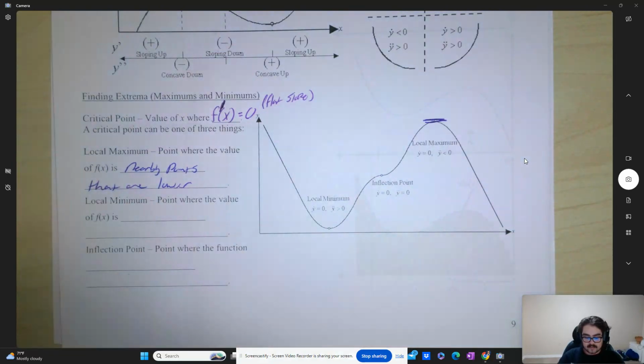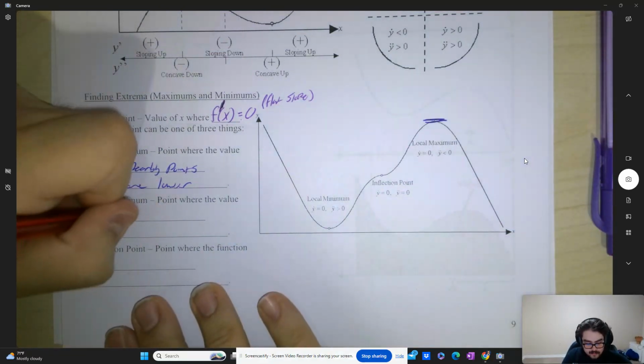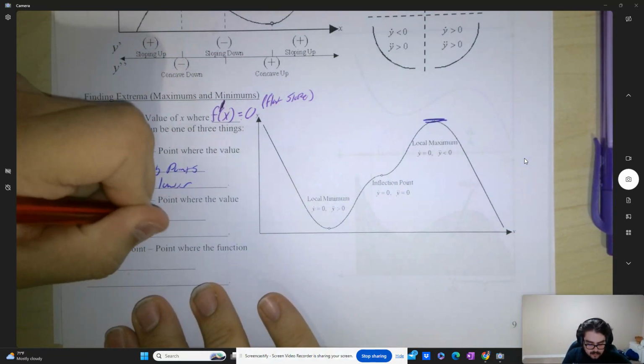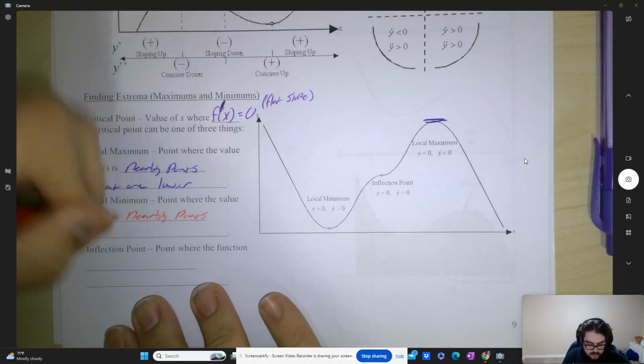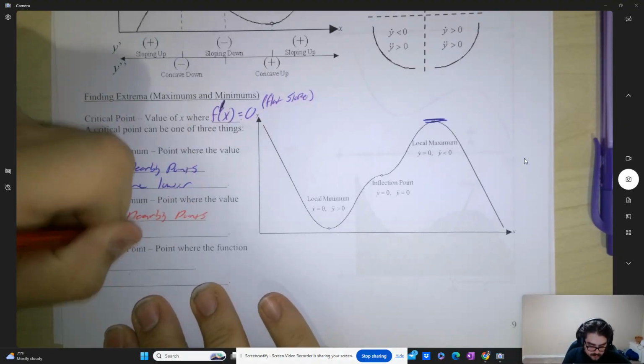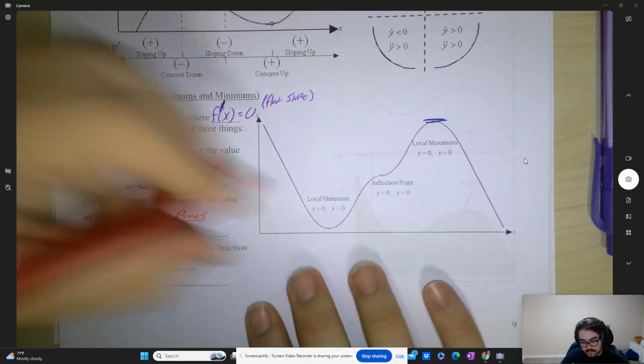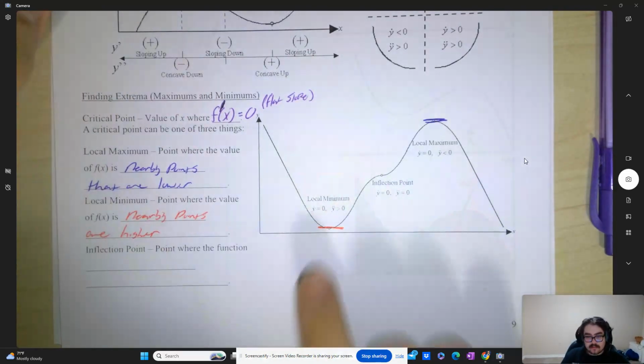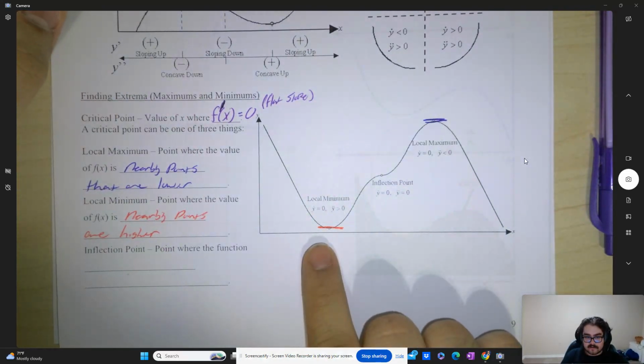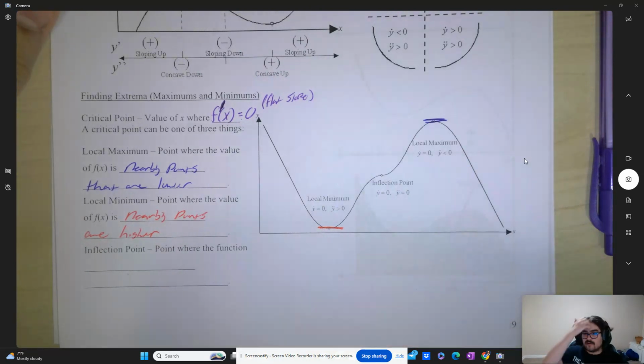A local minimum is where the nearby points are higher. So you notice the nearby points are higher. That's a local minimum right there.